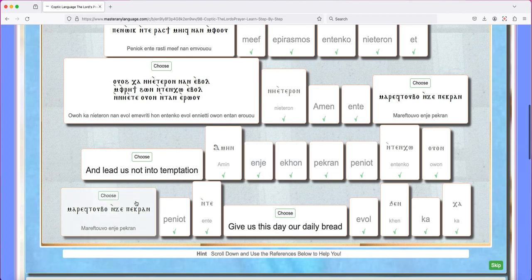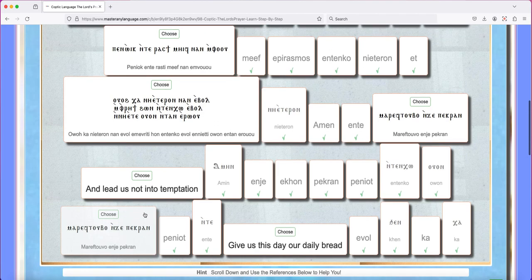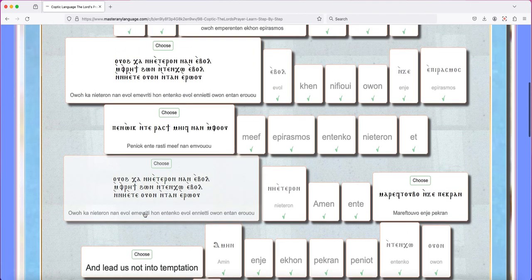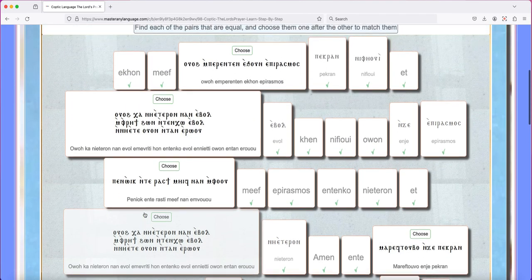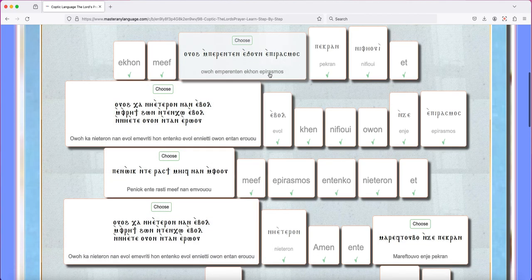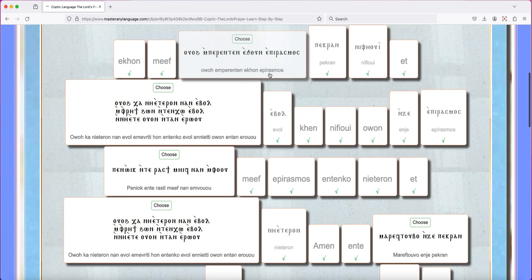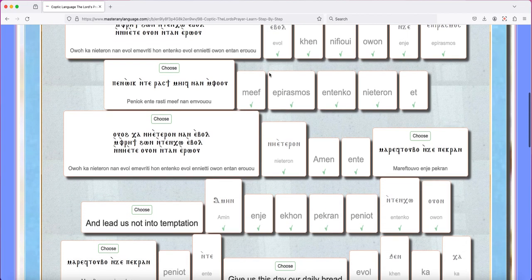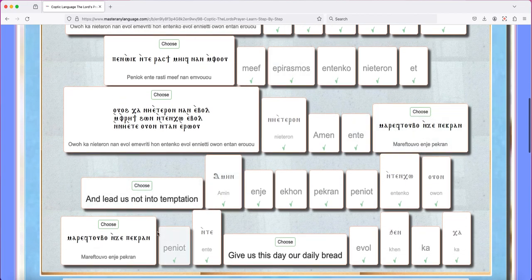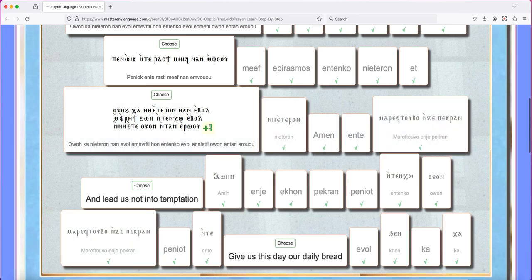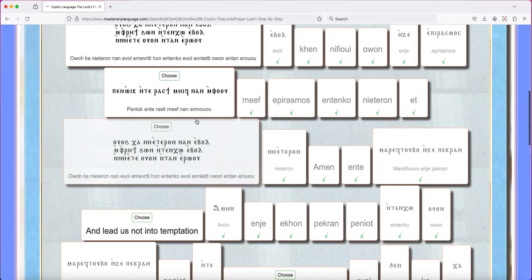Now let's go through Maraftovo and check back. Oh, we need to really know. Hold on. Alright. Owo imperenten echon epirasmos. Owo Maraftovo and check back. That matches. Owo kan yeteron nanevol emefriti hon intenko.